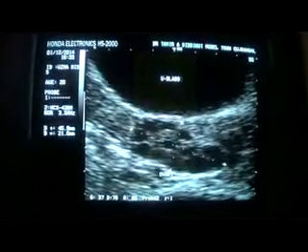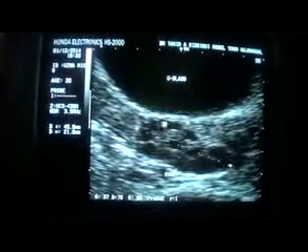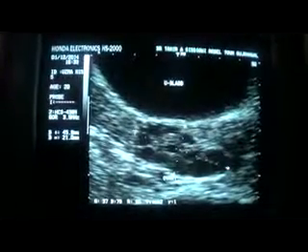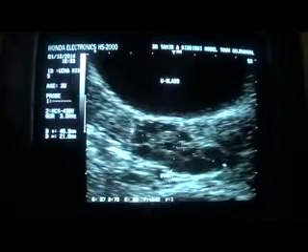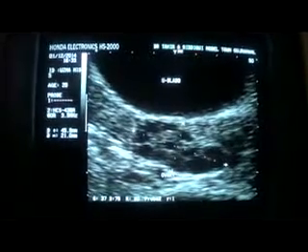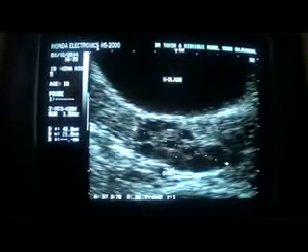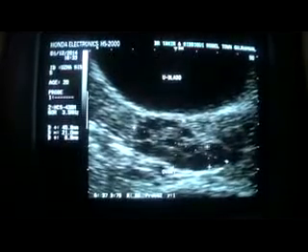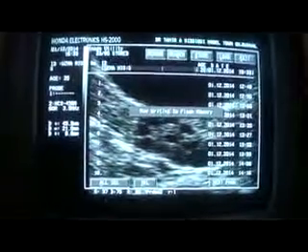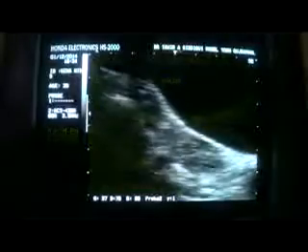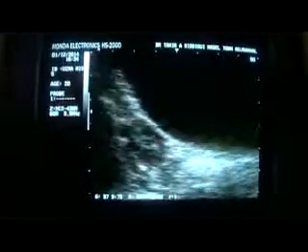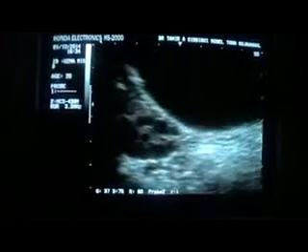This is the urinary bladder, and these are all follicles that are arranged at the periphery of this right ovary, with the largest one measuring 8.9 mm. So this is the status of the right ovary, in transverse section.